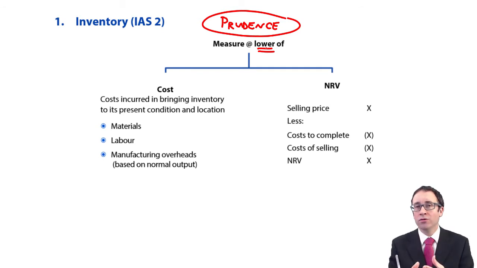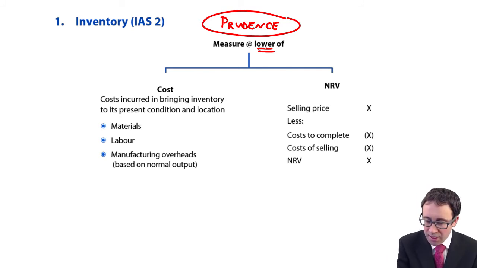And then on those raw materials, you're going to subject them to a process. So there will therefore be some labor costs. There will be some factory overheads that will then be incorporated in getting that inventory into a finished goods condition, so that it is in the condition and location ready to be able to sell. So the costs that you're looking at there are your materials costs, your labor costs, and then those manufacturing overheads.